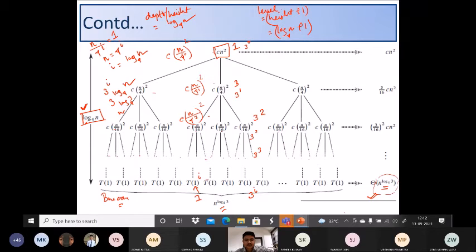Check. Total how many nodes should be present? n to the power log 3 base 4. Okay. Now what should be my total cost?